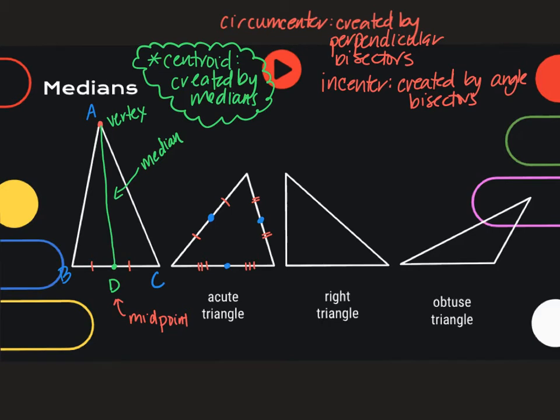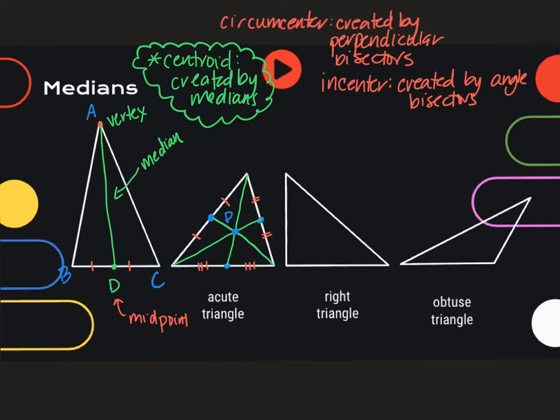Now the median is a connection from the vertex to the opposite side's midpoint. So notice that all of these medians intersect, and they intersect right here at this point, and we'll call this point P. So notice for an acute triangle, we intersect with the centroid inside the triangle.